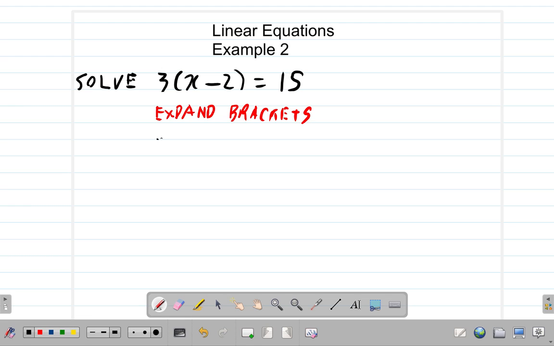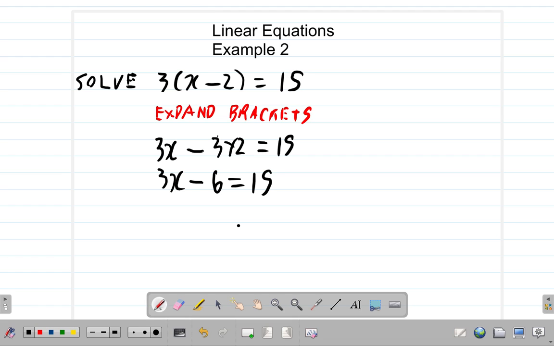So 3 times x is 3x minus 3 times 2, which is 6, equals 15. So then you have 3x minus 6 is equal to 15. So that's what you have.